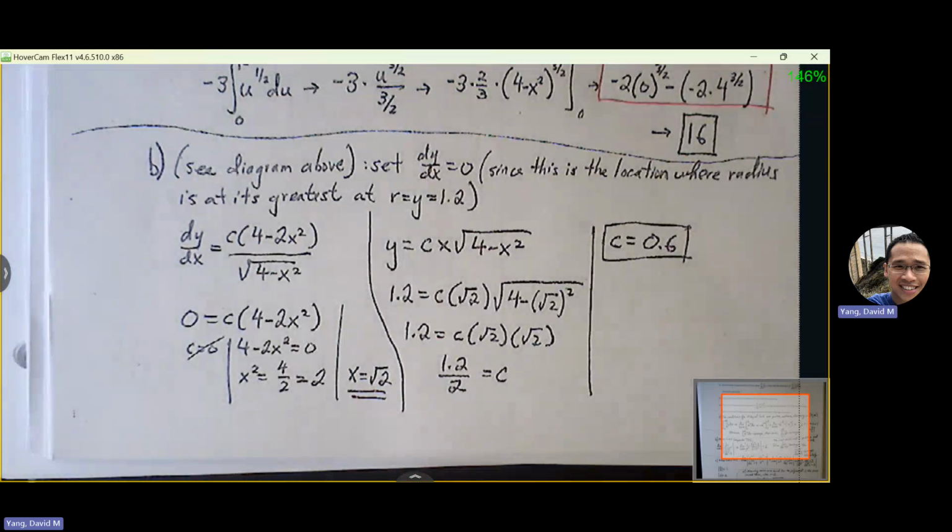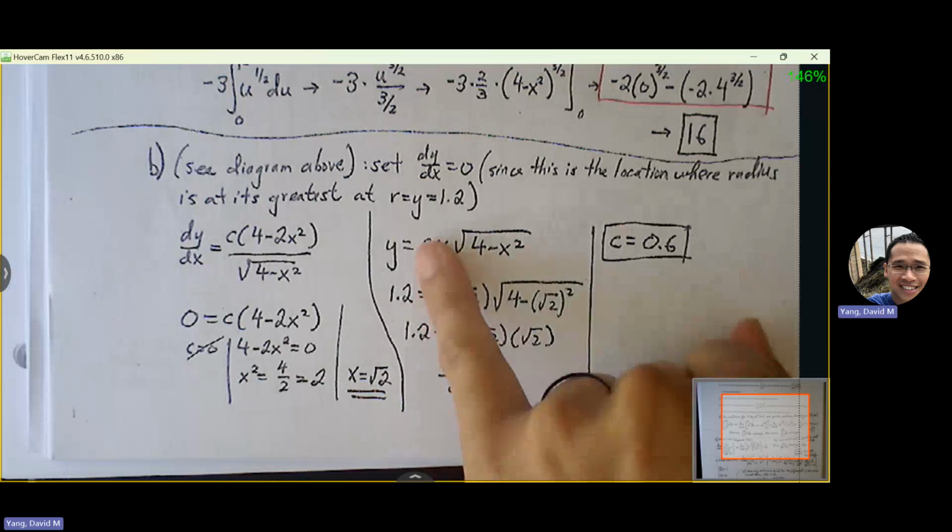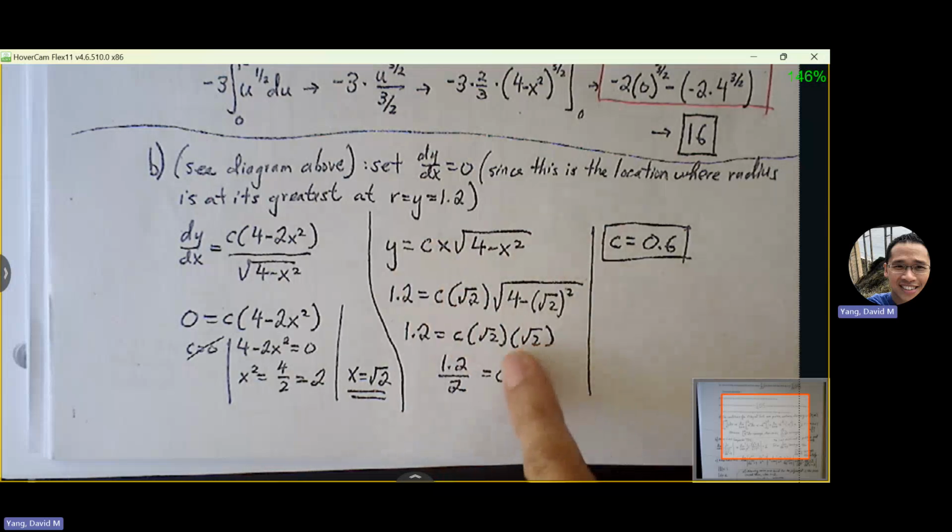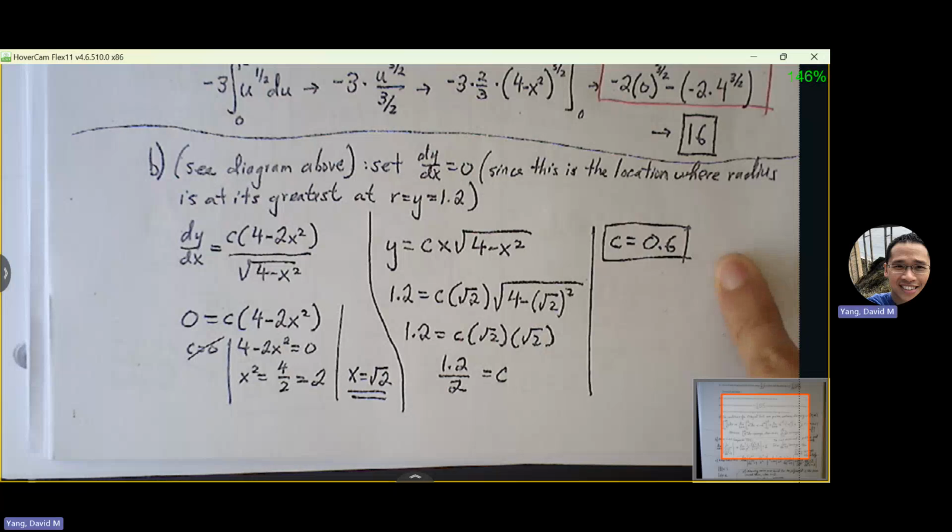It's clearly in the first quadrant, so x equals root 2. I know my y value is 1.2 because the distance is 1.2 above the x-axis. And so if I know my x value and my y value, I can put all that in and algebraically solve for c. Not an easy problem here.